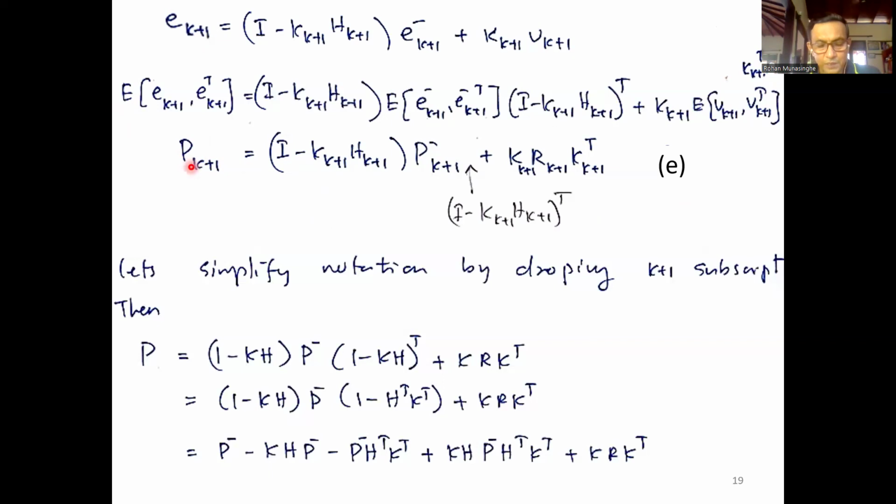So again, because we are dealing with more than one state variable, these are all matrices. Remember that, okay? In some examples, you will have only one variable. In that case, it's just the variance of that signal. But if you think of a state as a vector of n variables, it becomes an n-variable thing.